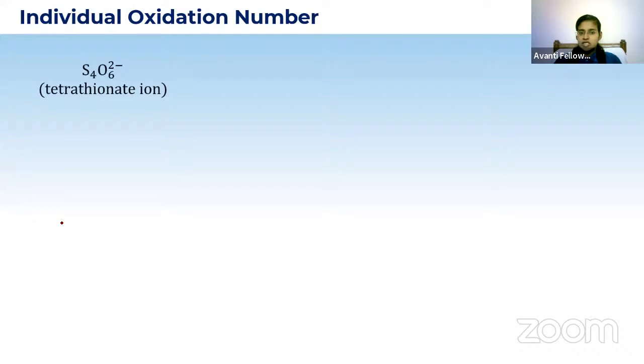I have given the S4O6 2- ion, which is called the tetrathionate ion, as homework for you. I asked you to find out the average oxidation number of sulfur and the oxidation number of each sulfur in the compound, right? Did you guys get the answer for this question?